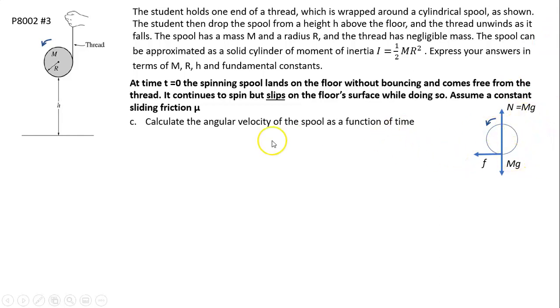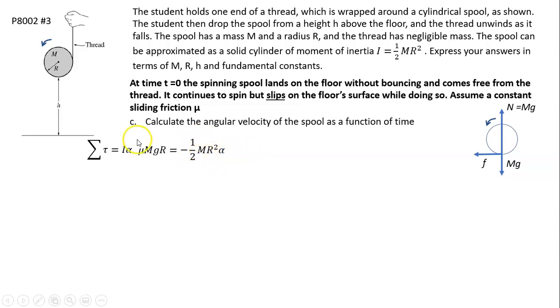This is a free body diagram. To find the angular velocity, we have to use Newton's second law to find the angular acceleration. Remember, this angular acceleration is a retarding acceleration that slows it down. So the friction produces a negative angular acceleration. Here is F times R, that's the net torque, and here is I times alpha. Alpha should be negative.